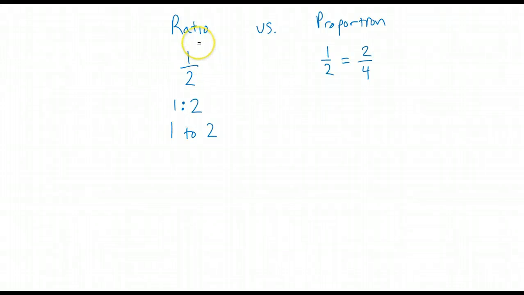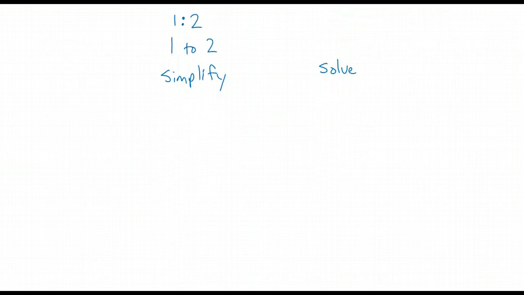When we have a problem that has a ratio, our job is to simplify. When we have a problem that has a proportion, when we have an equal sign, our job will be to solve. Let's look at an example.